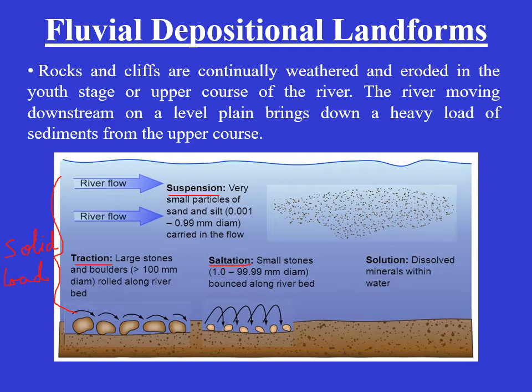Now, from the mechanism, you can see that the transportation mechanism depends on the weight and the size of the material. Among the solid load, the bed load particles are the coarsest and obviously the heaviest particles.